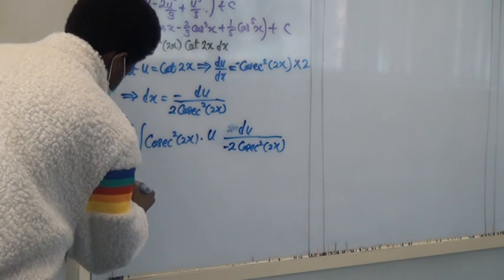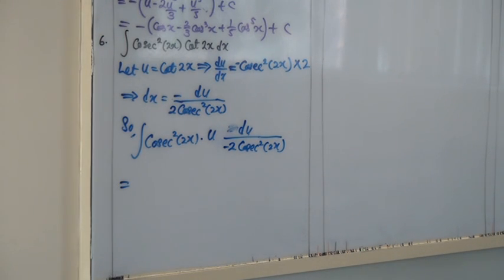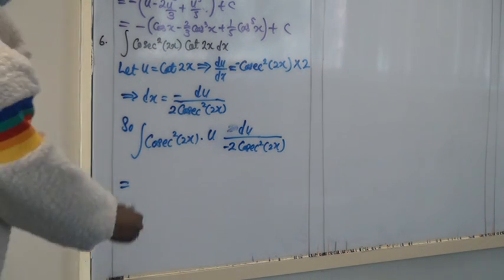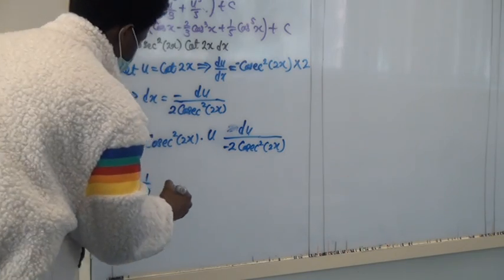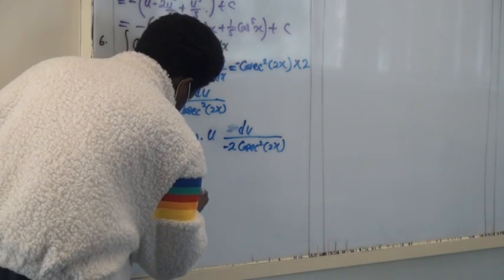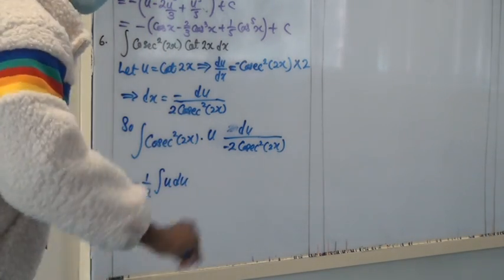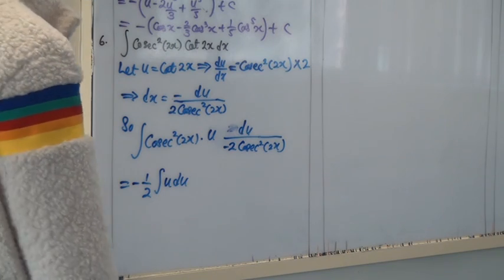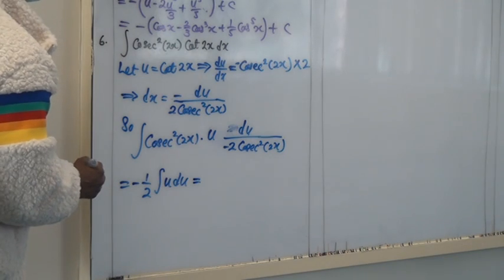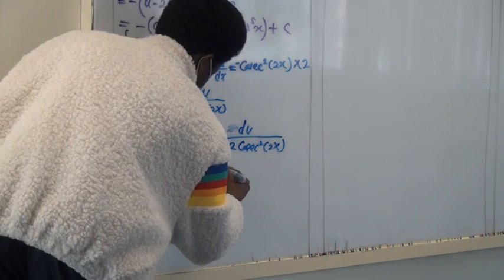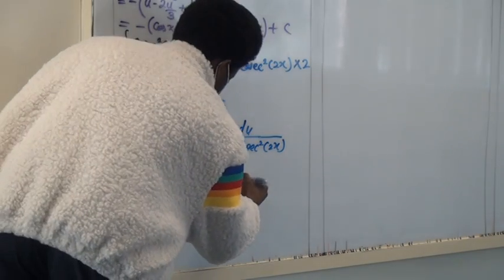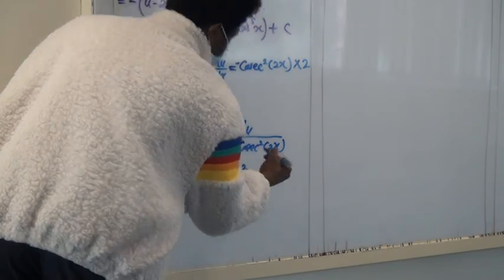So what do we have left? Negative 1 over 2 integral u du. So what would that be? Negative 1 over 2 times u squared over 2 plus C.